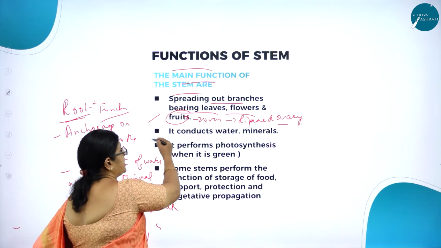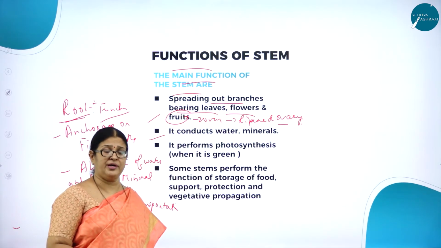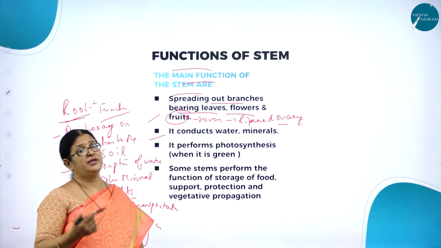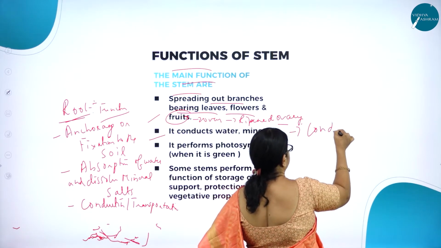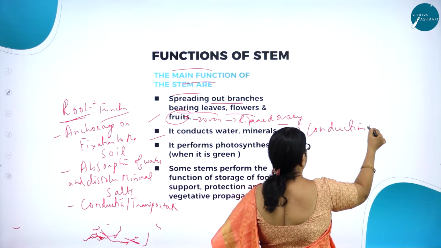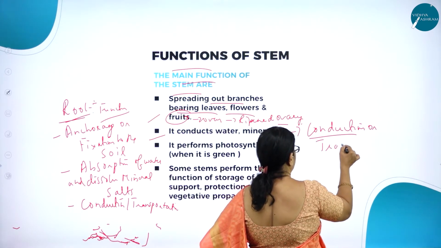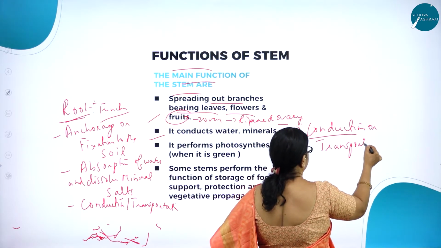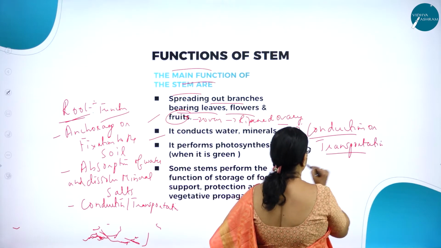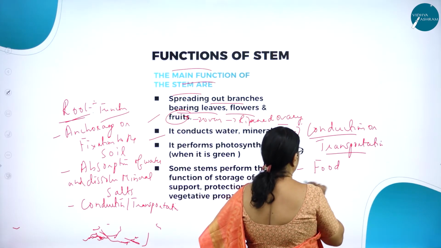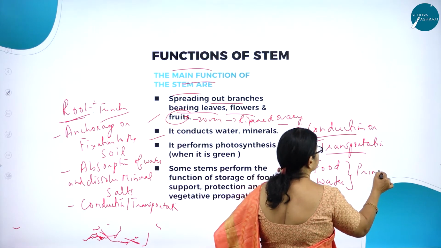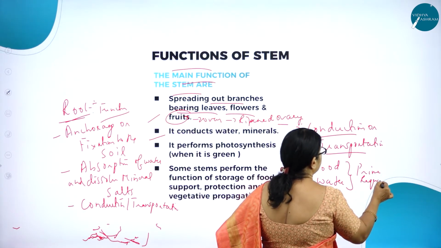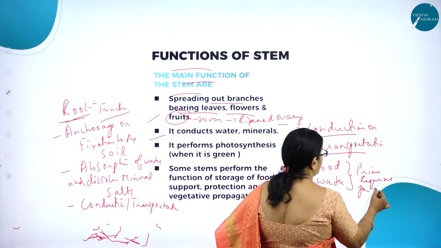The next, what? It conducts water and minerals. Very important. Root and the shoot do a very important process of what? Conduction, or it is also called what? Transportation. Transportation of what? Food and water. Very, very prime requirements for plants.